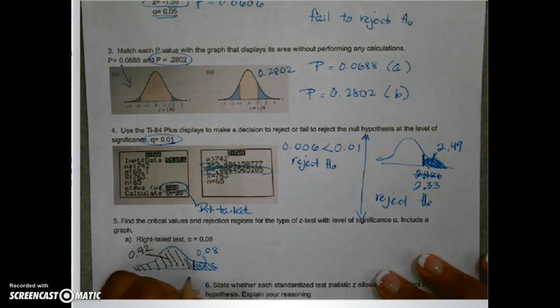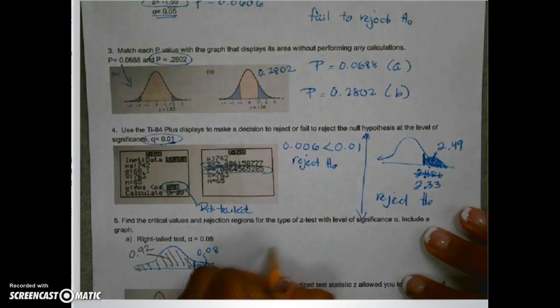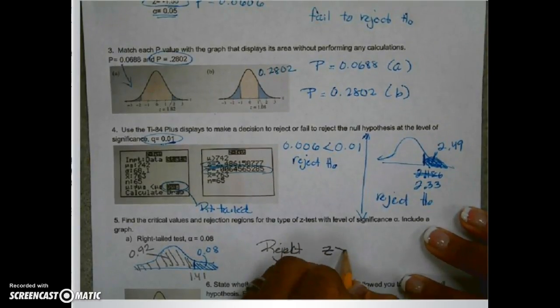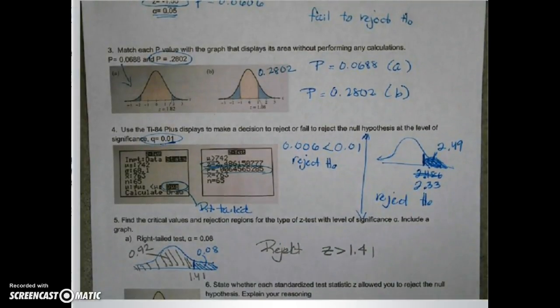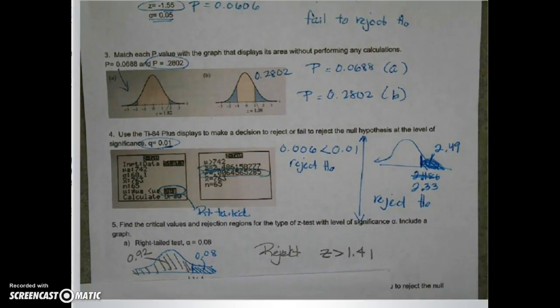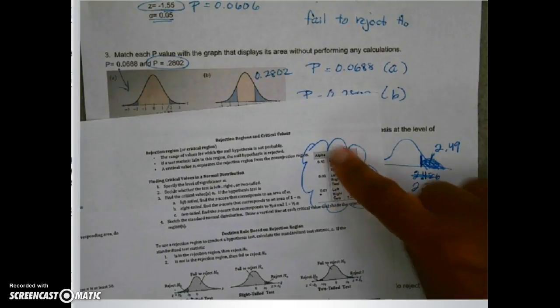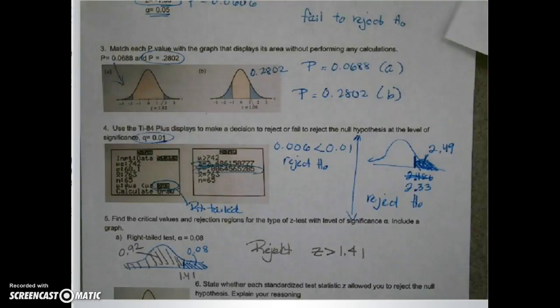So we're going to reject anything that has a z-score that's greater than 1.41. That's my rejection region. And that is what these come from. This is how you would do it for yourself, but these are the common ones that we use most frequently. But if you had to, you could figure it out on your own.